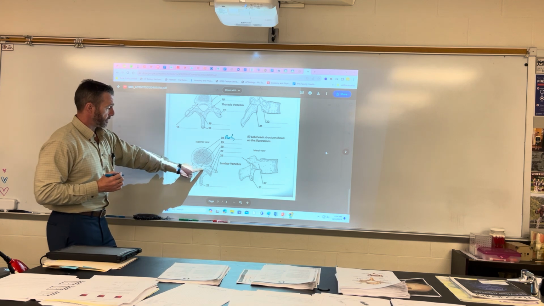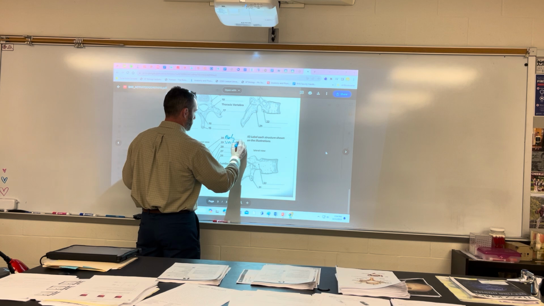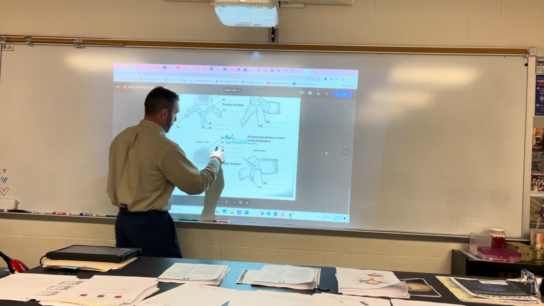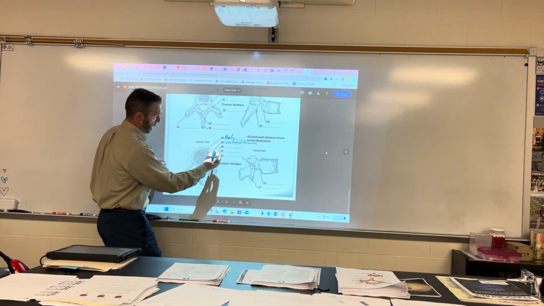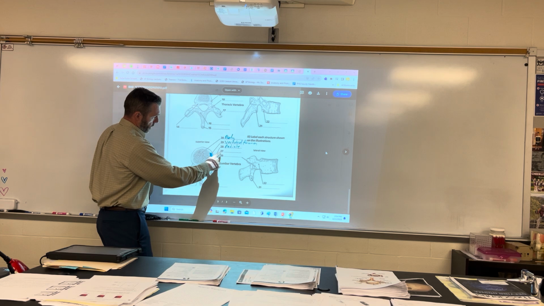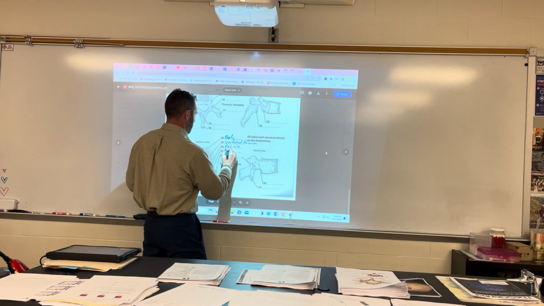29 is tagging the vertebral foramen. 28 is coming down and pointing to the pedicle. 27 is coming down and pointing to the superior articular process. We're going to talk about that in a second.